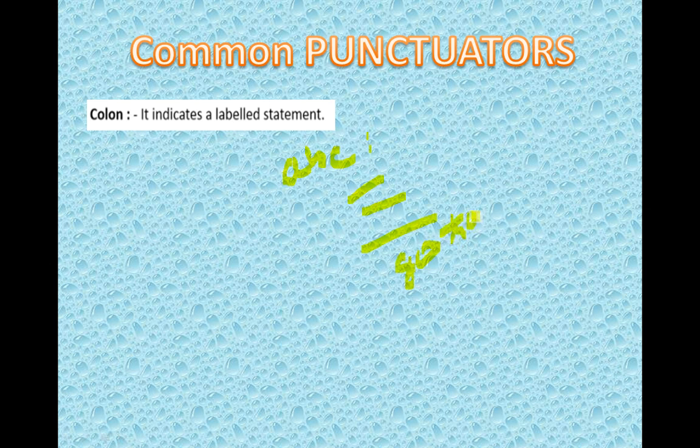Suppose I write goto ABC. After compiling these lines, the control will go back to this ABC. So this ABC colon is used to indicate the labeled statement.